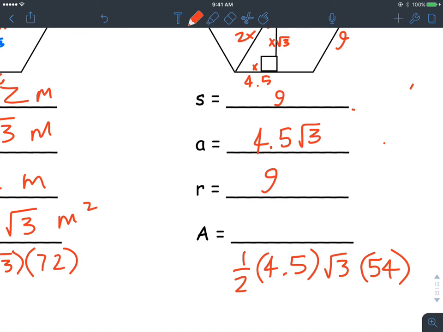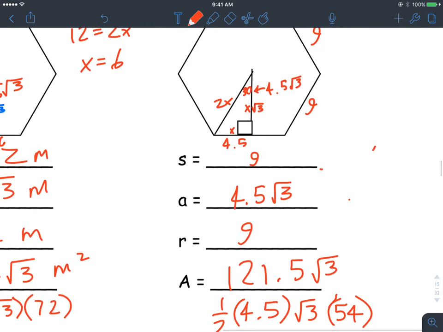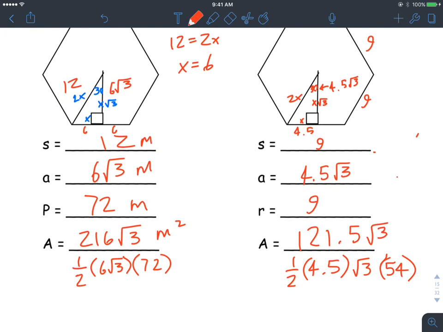Okay, and apparently that is 121.5 and then square root 3 at the end, if I typed that in correctly, which it appears I did. And that's in centimeters squared. That's all she wrote there.